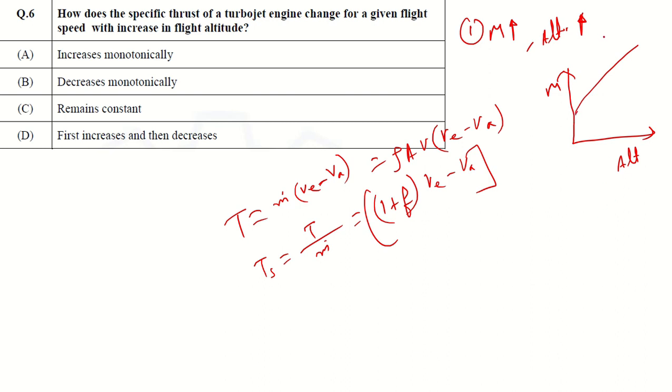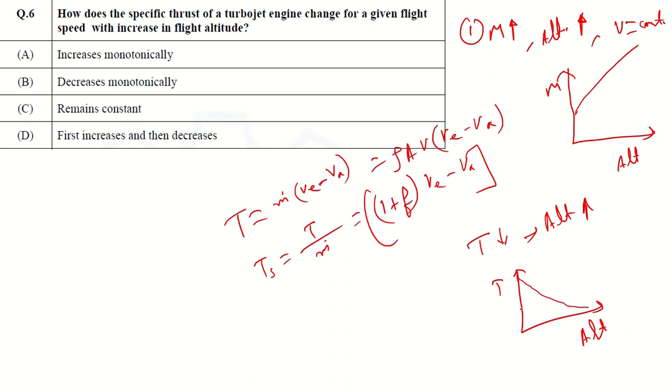If speed is given, it means V is constant. But thrust will decrease with the change to higher altitude. That is, thrust decreases when altitude increases. The graph of thrust versus altitude is like this.